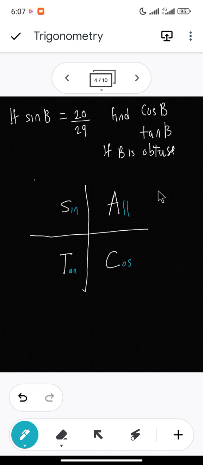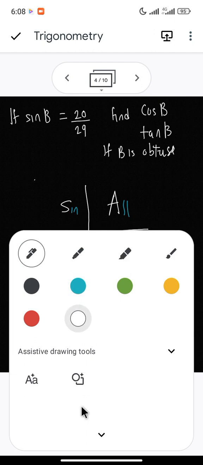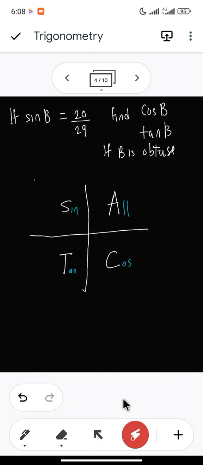So what it means is that if I say something is obtuse, remember I said when you are drawing your angles, you always start from the positive x side. Remember from the video on complex numbers. So we always start from here. We move towards the anti-clockwise direction. Remember we said angles that move in anti-clockwise direction are positive angles.